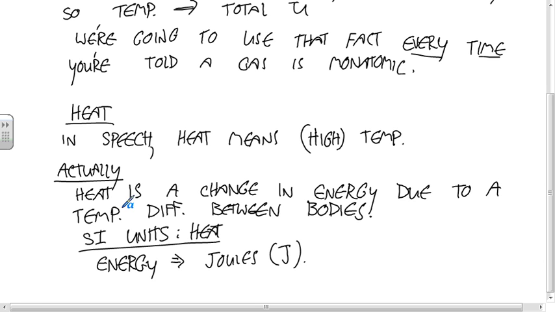There was one quantity that we talked about that was a change in energy. It wasn't due to a difference in temperatures, but there was something that we dealt with that was a change in energy. We talked about kinetic and potential energy, but we also talked about one thing that was specifically a change in energy.